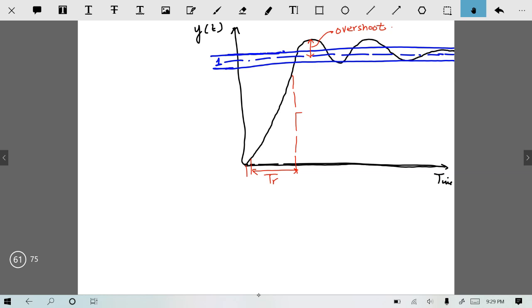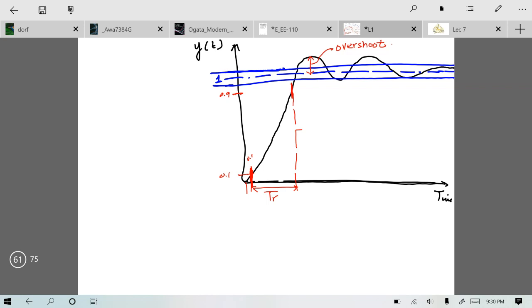This is 10% of the required final value, and this point is 90%. In other words, if this is 1, the time it takes to move from 0.1 to 0.9 is called the rise time.